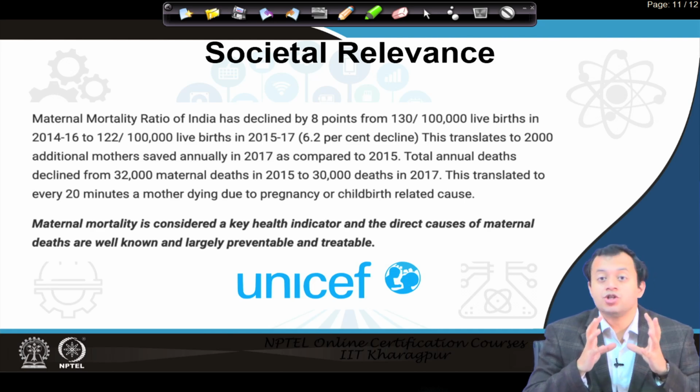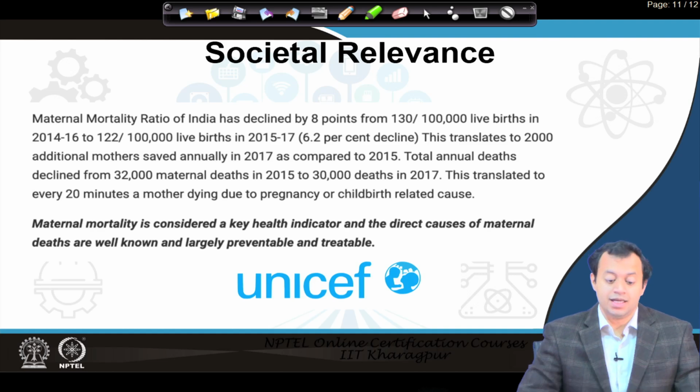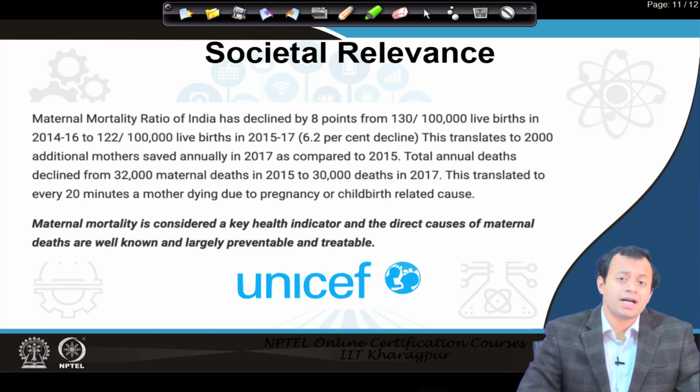Though the average rate has quite declined in India, some of the states of India show a maternal mortality rate worse than that of sub-Saharan Africa. The maternal mortality rate in the state of Assam is worse than I think Rwanda or Namibia. The maternal mortality rate of Uttar Pradesh and Madhya Pradesh are equally bad.